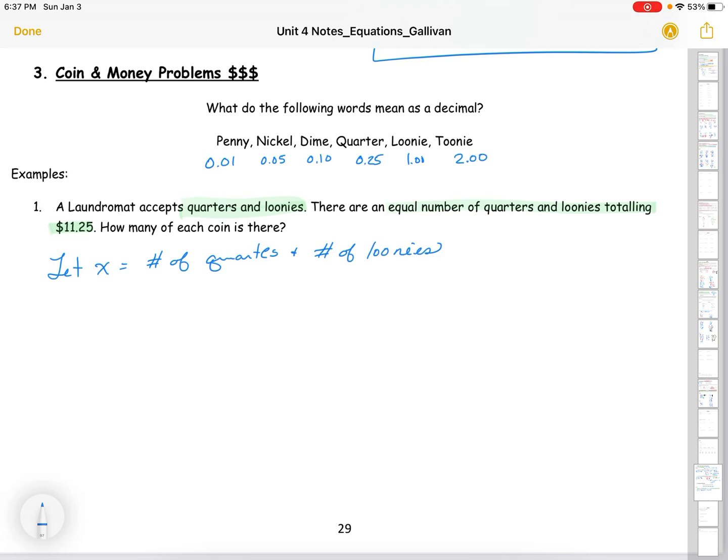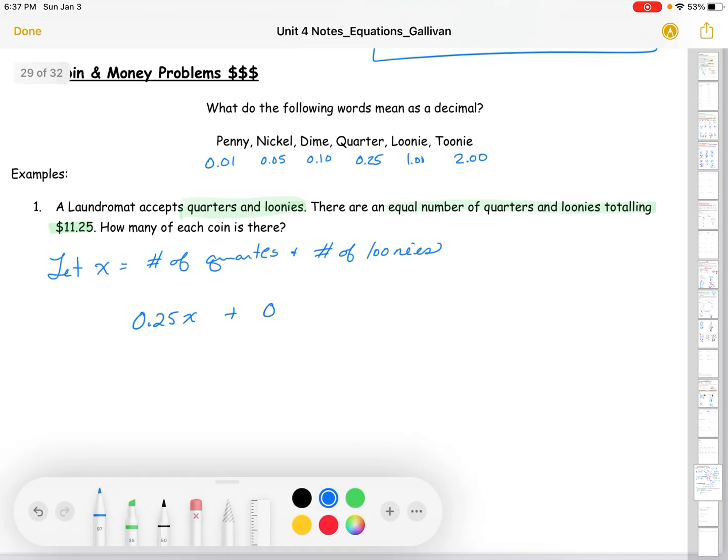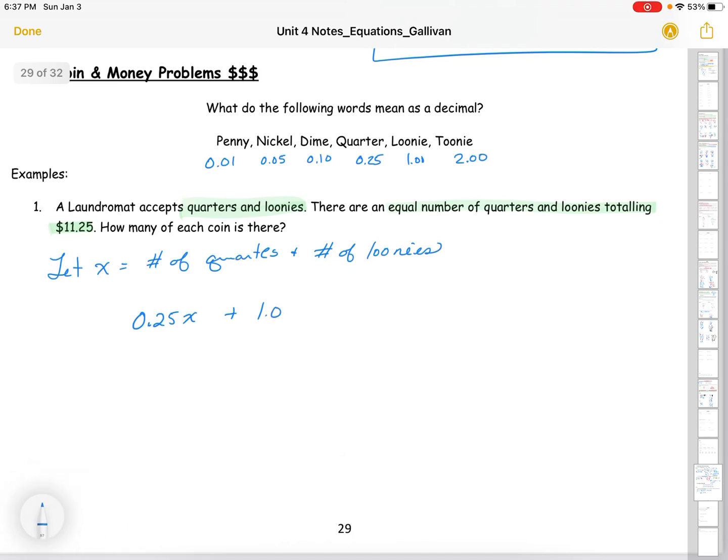So quarters times my x is 0.25x, plus loonies times my x, that would be 1.00 times x. They total 11.25.